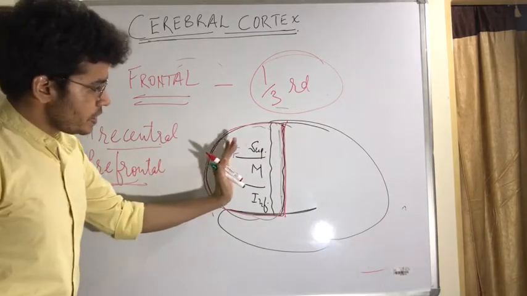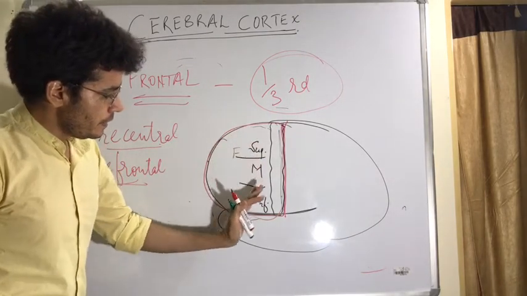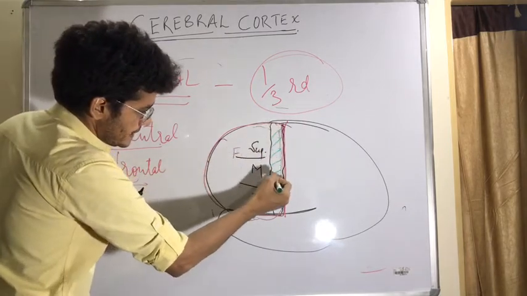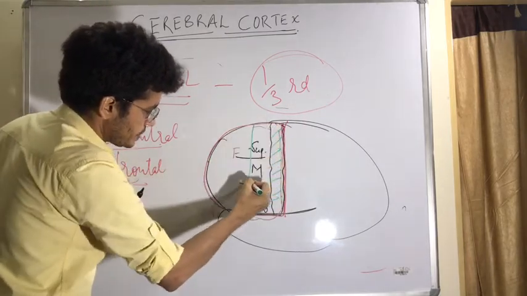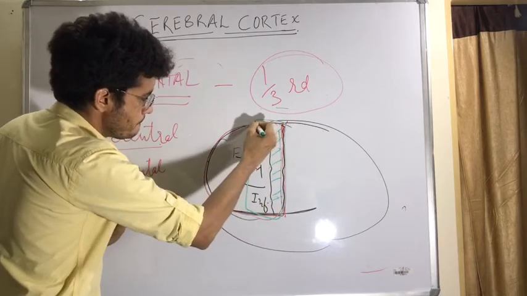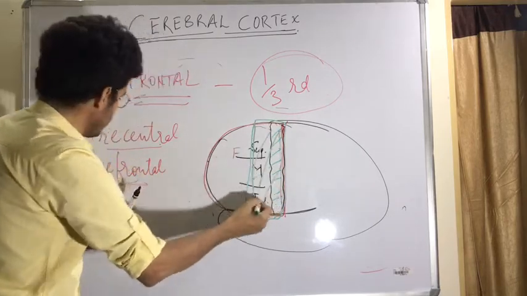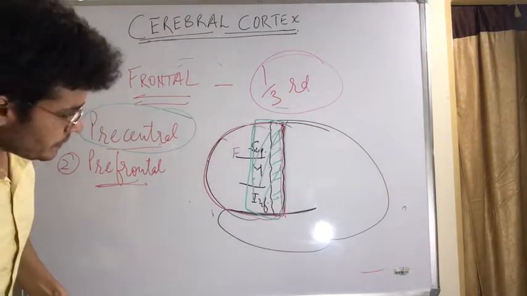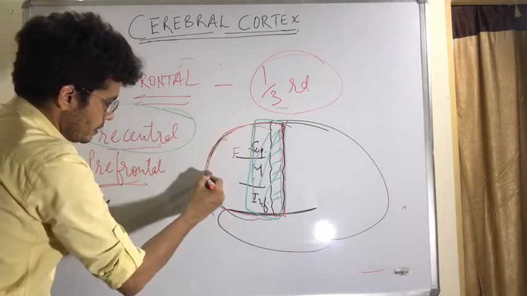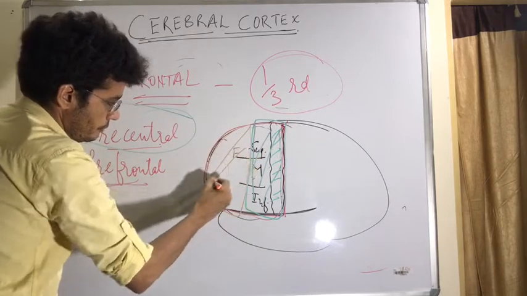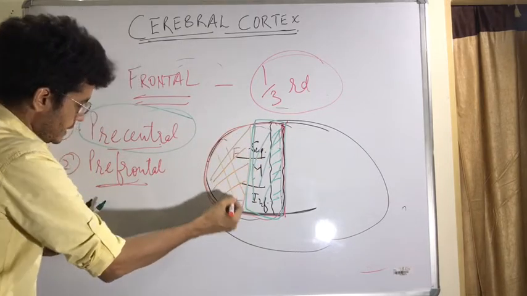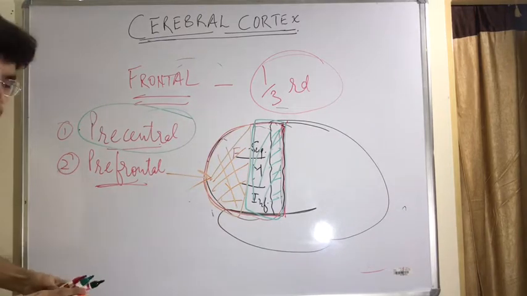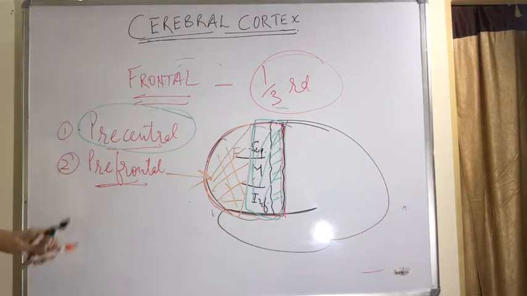So the posterior aspect of the superior, middle and inferior gyrus and the entire central gyrus, this part is called the precentral cortex. And in front of this precentral cortex, the remaining part of the frontal lobe is known as the prefrontal cortex. So one by one, first we will study the precentral cortex.